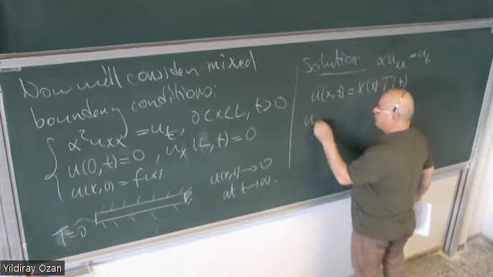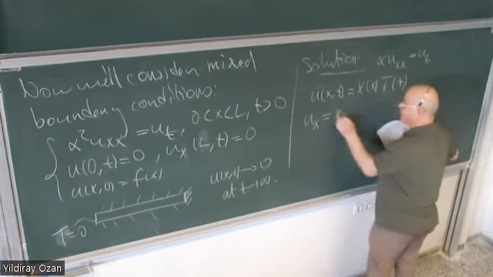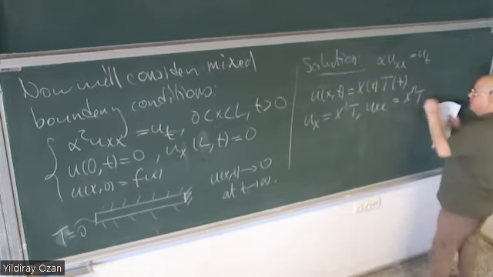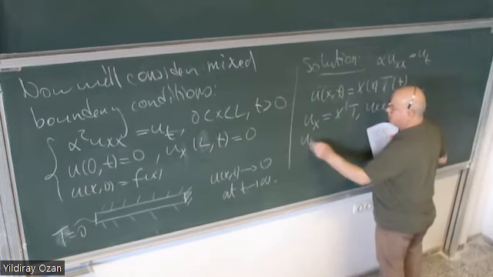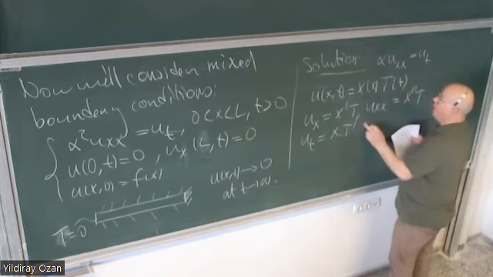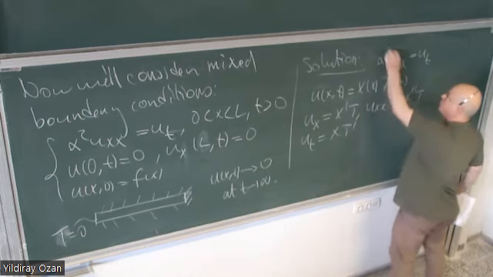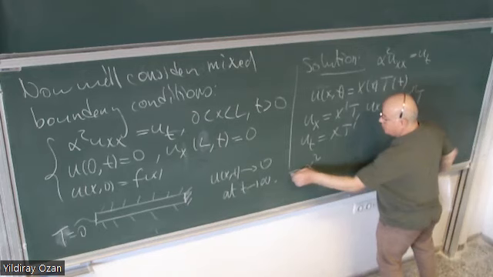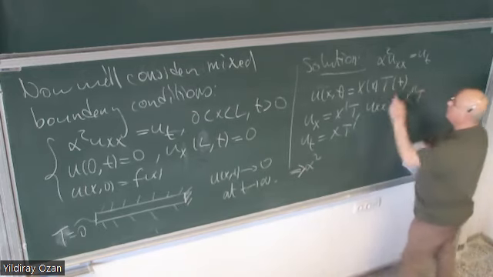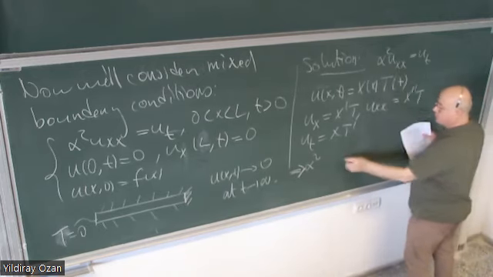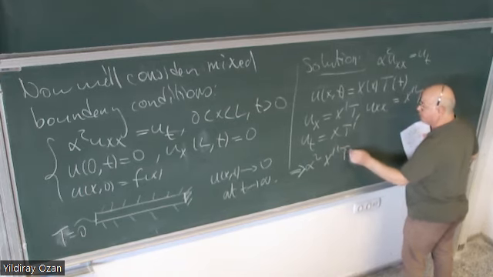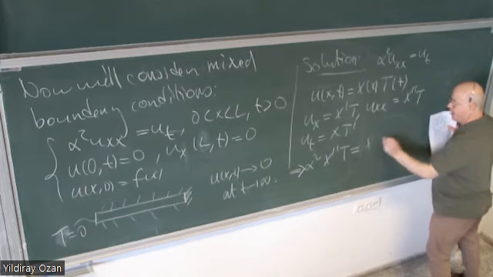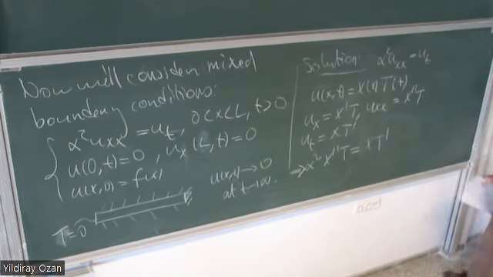We take derivatives: u_x is X' T, u_xx is X'' T, and u_t is X T'. We plug them into the equation. This is alpha squared, so we get alpha squared X'' T, equal to u_t, which is X T'.